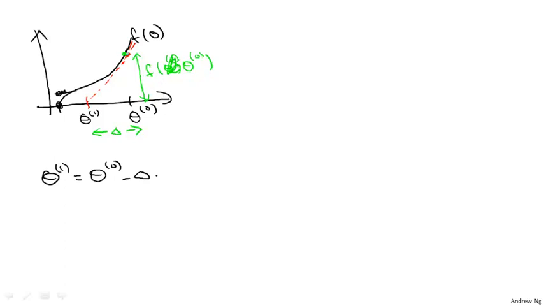Moreover, we'll look at the derivative of f at this point. By definition, the derivative of a function gives us the gradient, and the gradient of this function is defined as this height over this horizontal width. So the derivative with respect to theta of f, which we'll abbreviate as f prime, so I'm going to use f prime as the derivative of f with respect to theta. The derivative at theta 0 is equal to this vertical height divided by this horizontal width.